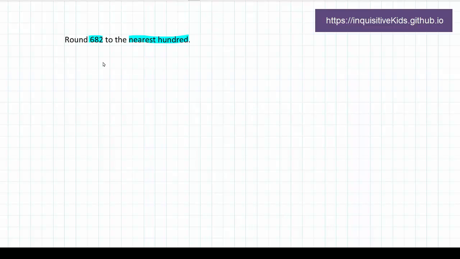When you're rounding, you first take the number 682 and then think about which hundreds, because it's asking for the nearest hundreds, 682 is in between.